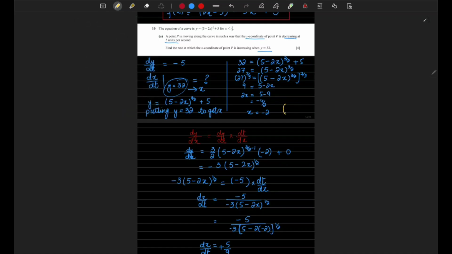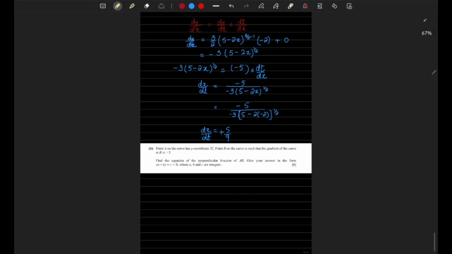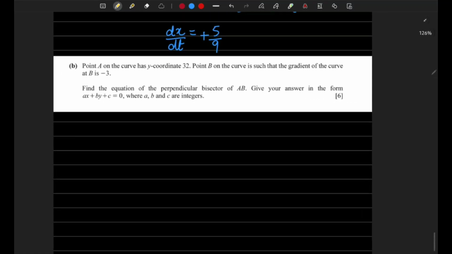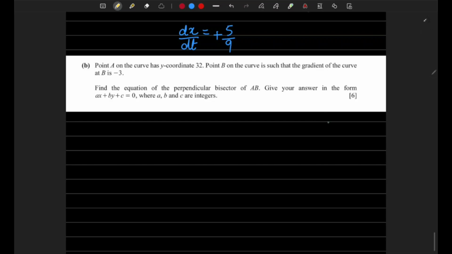So is it the same point whose y coordinate is 32 and x is -2 that we found? Okay, so they are saying the same. Point A on the curve has this y coordinate, and point B on the curve is such that, so using point A, that is -2 and 32, and B is such that at B the gradient is -3.